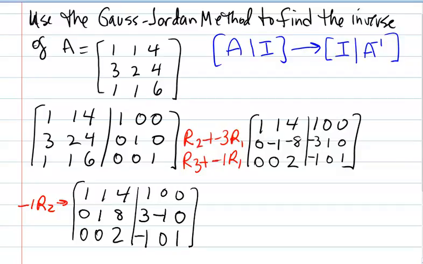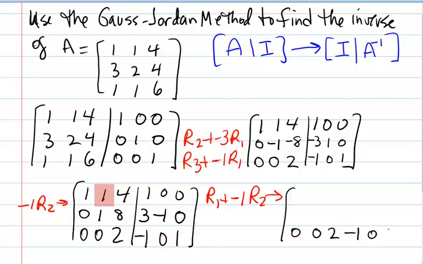Now I want to make zeros above and below. I already have a 0 below, so I need to change the entry in row 1. I'm going to take row 1 and add a negative 1 row 2. So row 3 stays the same. Row 2 stays the same.